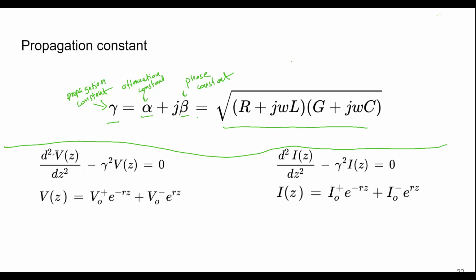So earlier we got this equation for the second derivative of the voltage with respect to position. The solution for this kind of equation is in this form, which I discussed in the previous lecture slides also.